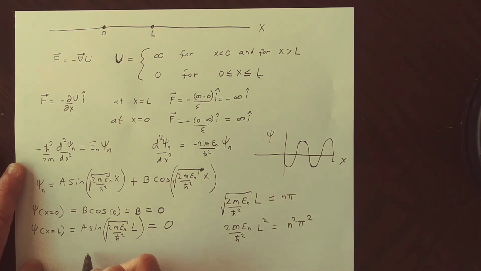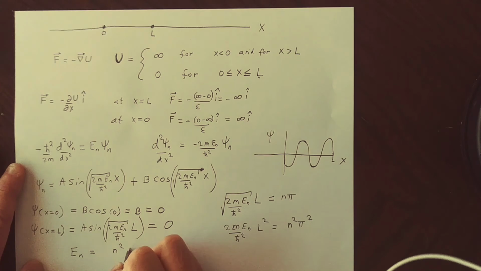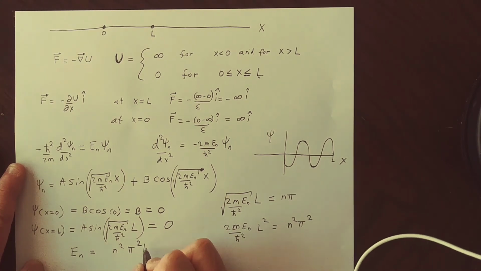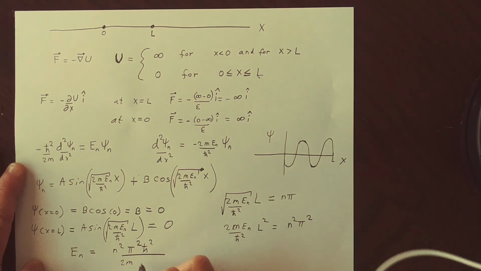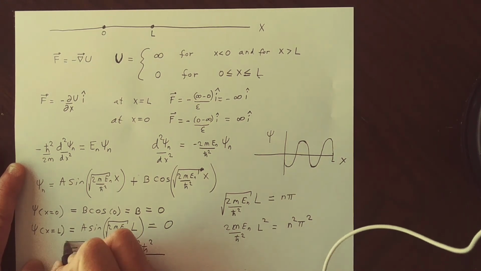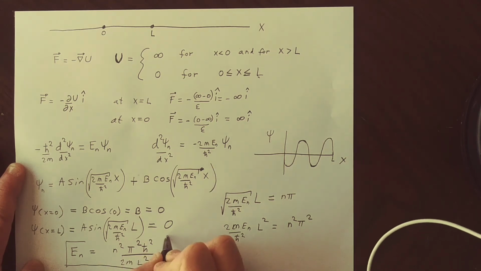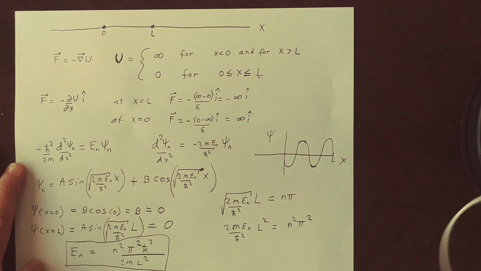And this tells us that the energy, En, has these possible values. We could simplify with pi's, and the h bar has a pi in it, so we could simplify that, but let's just leave it as it is. We divide by 2m L squared, and so we get from our boundary conditions that the energy has discrete values, right?